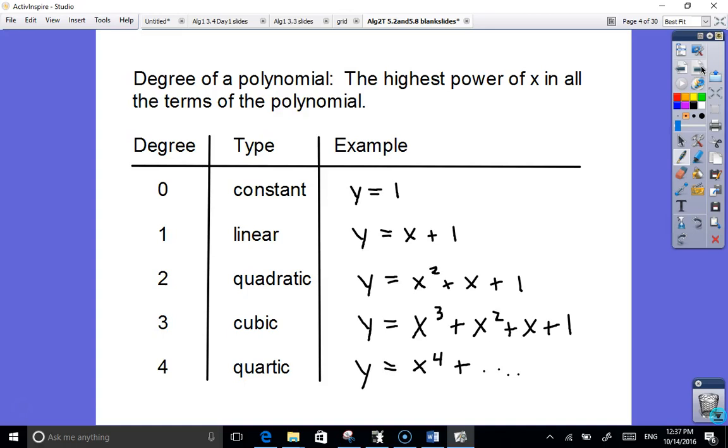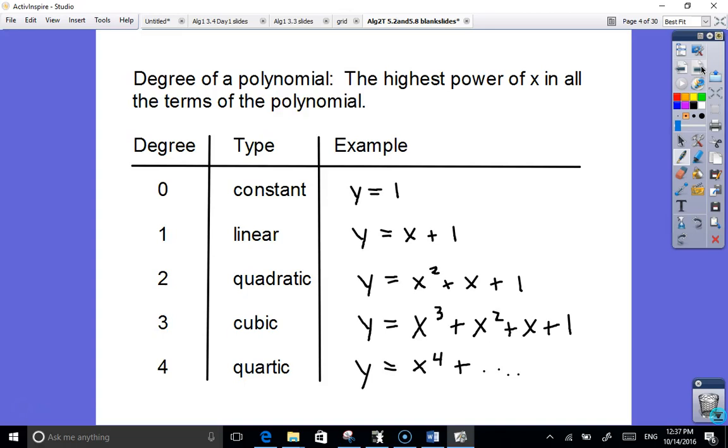So you just have to look at the term all the way on the left to say, okay, like the last one, it's x to the 4th, so that's degree 4. The cubic is x to the 3rd, degree is 3, right? The quadratic is 2, linear is 1.